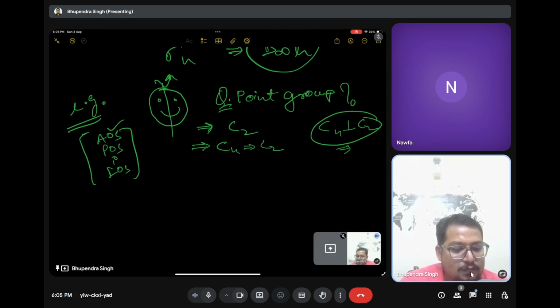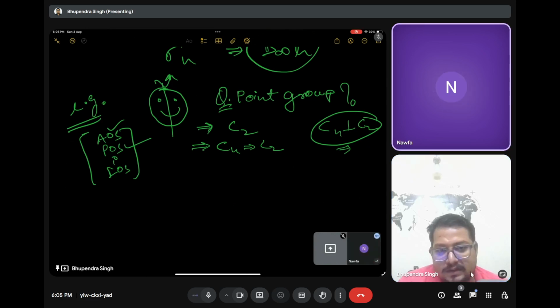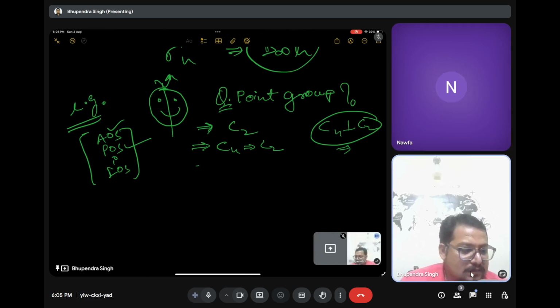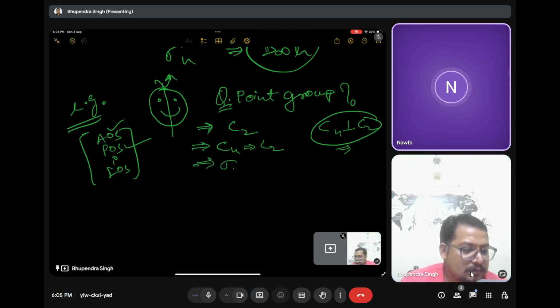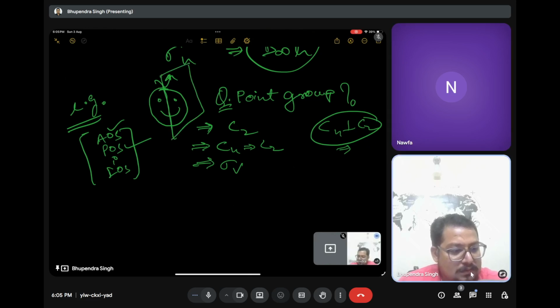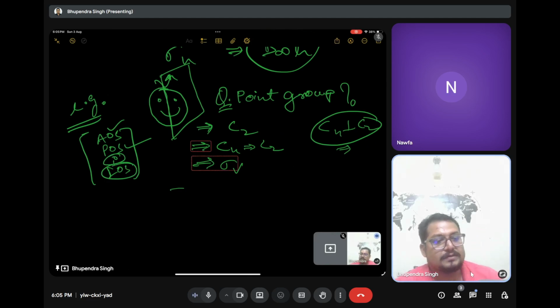Next, we will try to find out the plane of symmetry. So is there any sigma v? This is sigma v, right? So sigma v is there. So inversion is not there anyway, and sigma h is not present anyway.